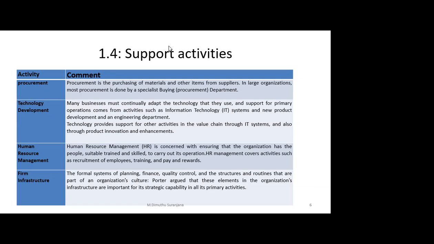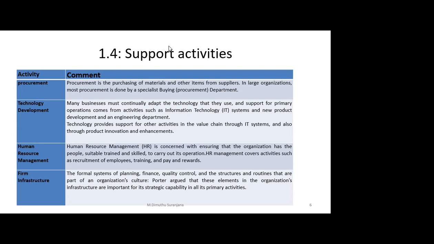For example, innovations. It's an activity that drives the organization to get some competitive advantage. So that comes from the R&D department in the organization.